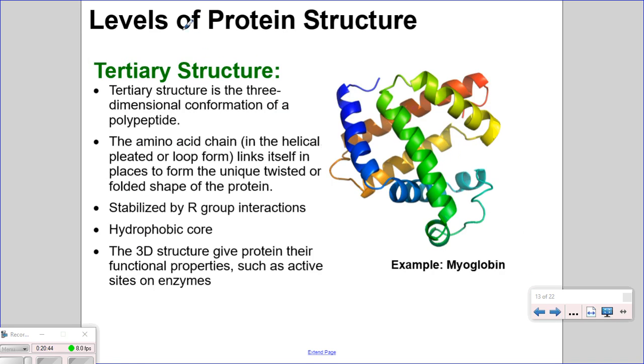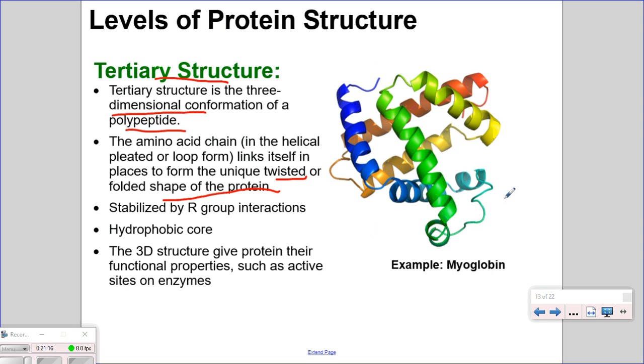And so the next level of protein structure is the tertiary structure. The tertiary structure is the three-dimensional conformation of a polypeptide. So this is where the amino acid chain locks itself in place in the form of a unique twisted or folded shape. All those local structures will take a particular position in space, and it will give the protein a particular shape.